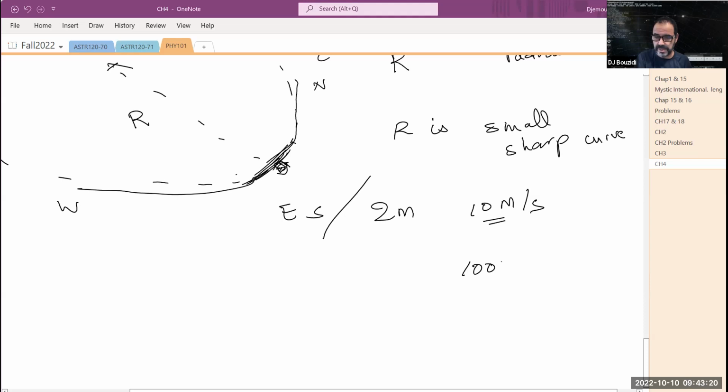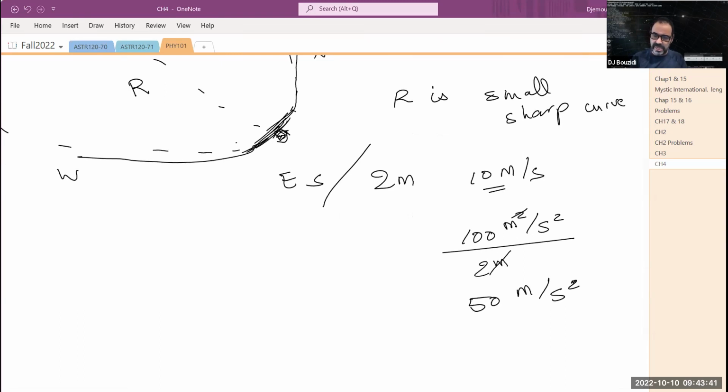Meter squared per second squared, divided by the radius, 2 meters. Cancel the meter with the meter, and you have 100 divided by 2, that's 50 meters per second squared. This is a big acceleration. This is 5 Gs. Remember, G is about 10 meters per second squared.